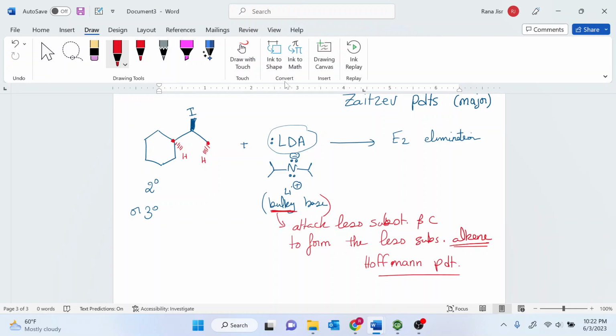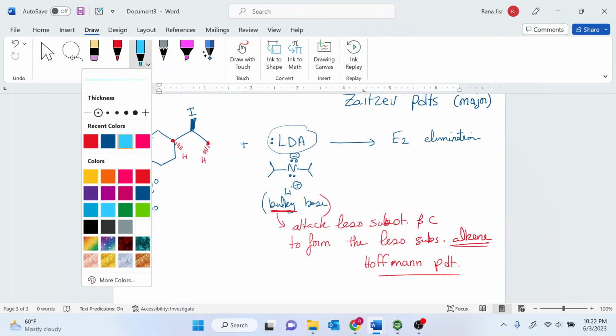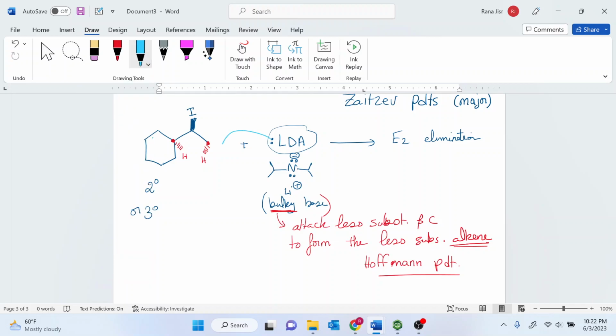So in summary, whenever you are working with bulky bases, they are going to come and take the less substituted beta hydrogen in order to form the less substituted alkene, which is the Hofmann product. So my mechanism is going to be from the base towards that less substituted hydrogen in there, forming a double bond, and the halogen is going to leave.